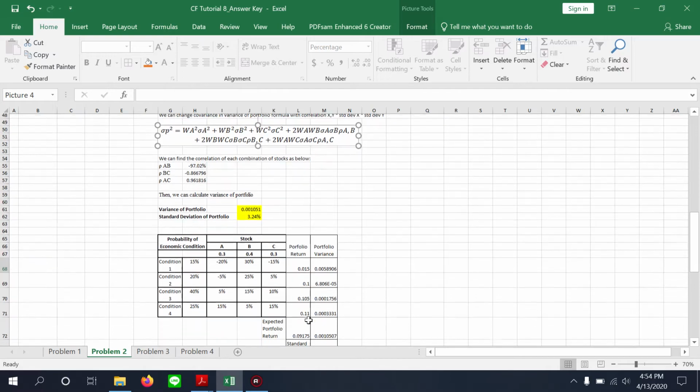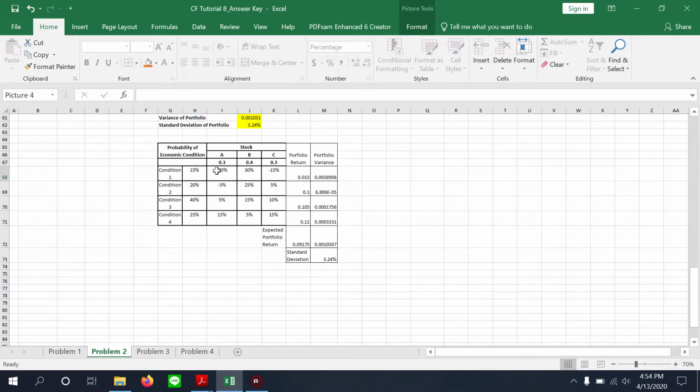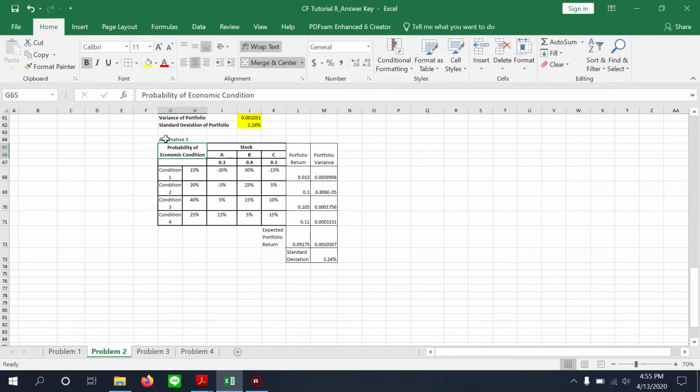Okay. So for the third alternative, you just copy the information here. And then what you need to do is find the portfolio return from each condition.